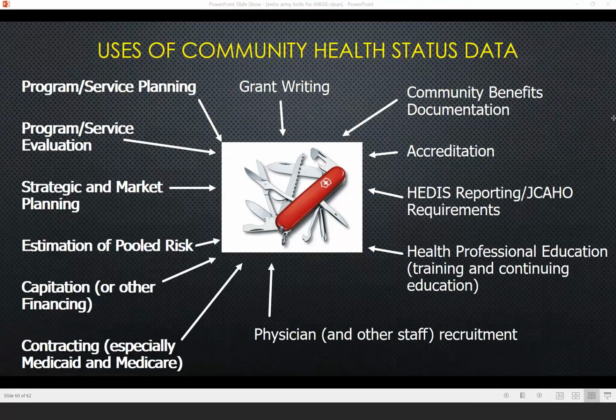There are lots of uses for community health status data besides simply turning in your 990 form and putting it on your website. Not that anybody would do just that. But when you think about the community I live in, for example, the Brazos Valley here in Central Texas, we have documented about $20 million in grant funding that has come in over the last 15 years to this community specifically because of the community assessments we've helped conduct locally and the availability of that data for United Way, local hospitals, and other organizations to be able to do grant writing.